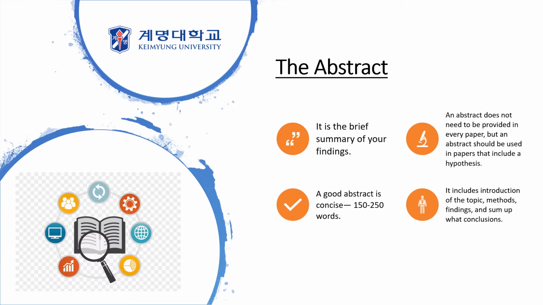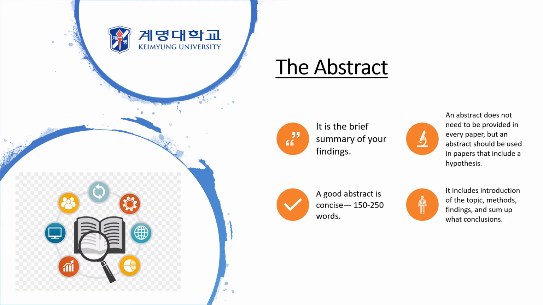Some journals require only 175, some only up to 200 words. An abstract does not need to be provided in every paper, but an abstract should be used in papers that include a hypothesis. So if you have a hypothesis, the general ruling is that you should have an abstract.